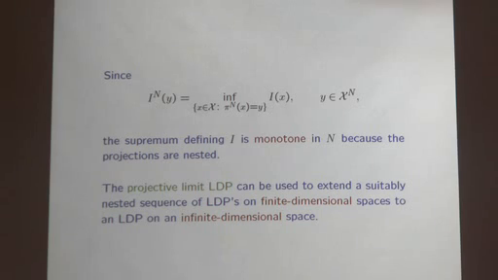I could similarly go to the left, and I would end up with a large deviation principle on all of the integers. I could shrink the intervals between the integers, and I would end up with a large deviation principle on the real line. They are all consequences of taking a projective limit of simpler LDPs for which I can often prove something.